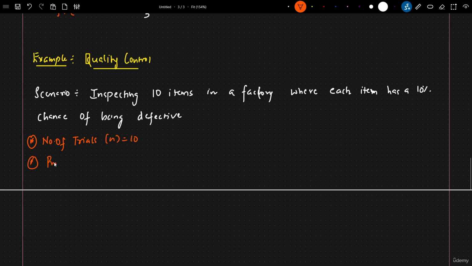Then the probability of success, which is nothing but p, let's say 10%, so 0.1 is my defective chance. This is basically my defective item out of 10. Probability of success basically means the item being defective.